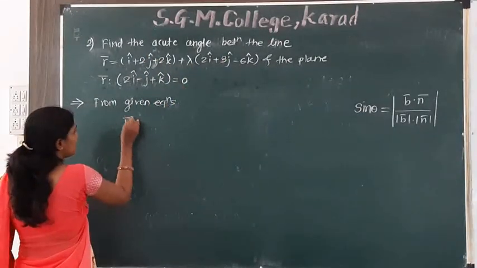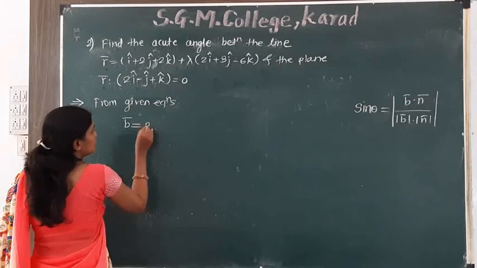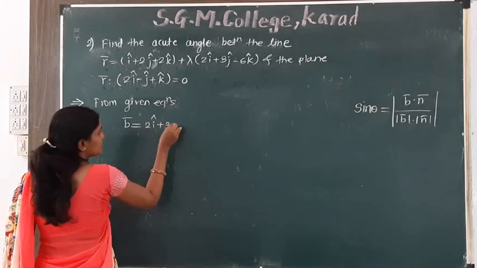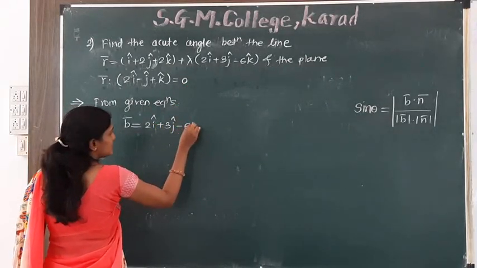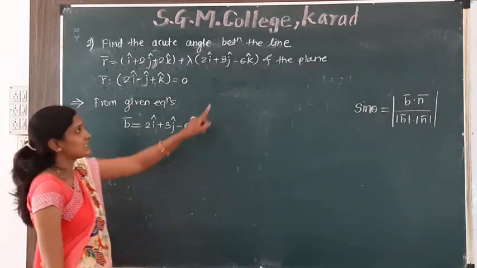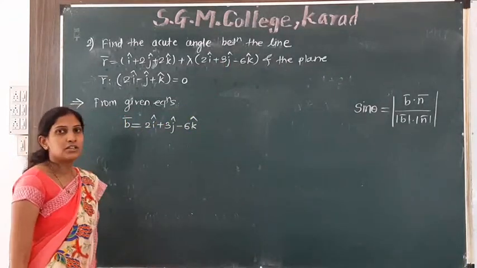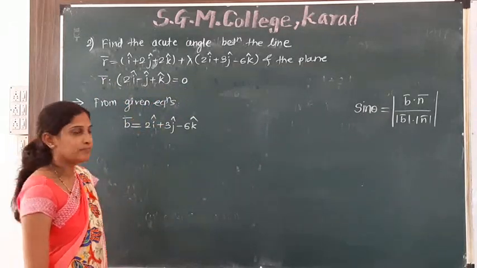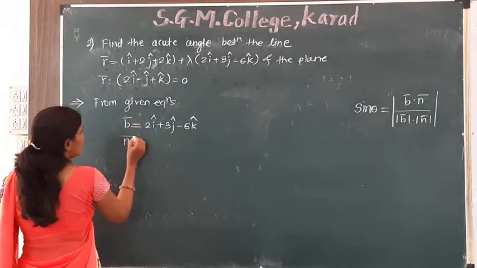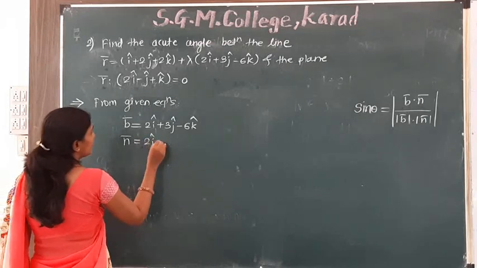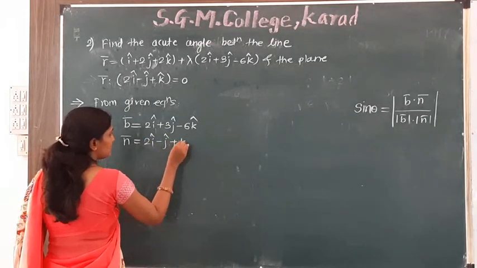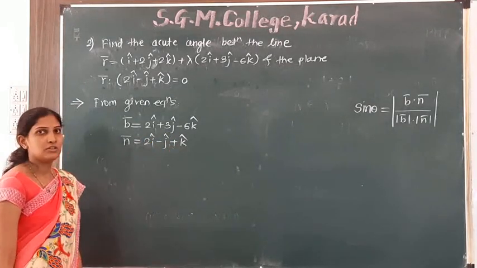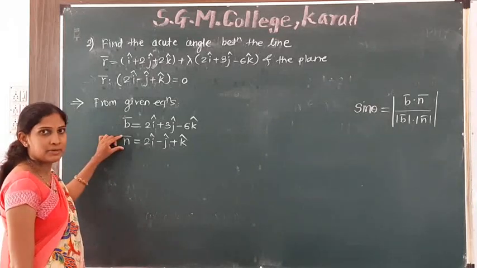So b bar is equal to 2i cap plus 3j cap minus 6k cap. This is the value of b bar. Now n bar: r bar dot n bar is equal to 0. Therefore n bar is equal to 2i cap minus j cap plus k cap. We get b bar and n bar.